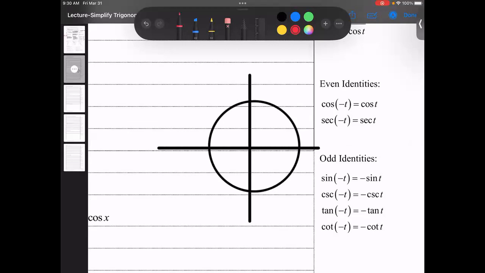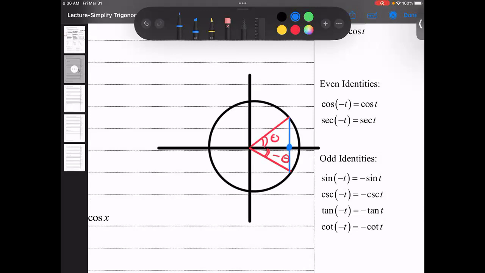Say here's my theta, and here's my negative theta. What do you notice? They have the same x value, yeah?